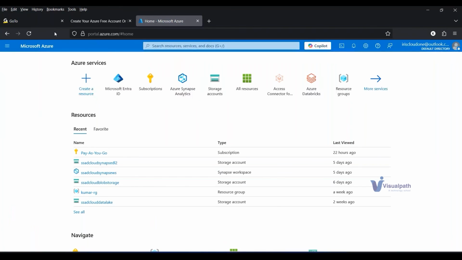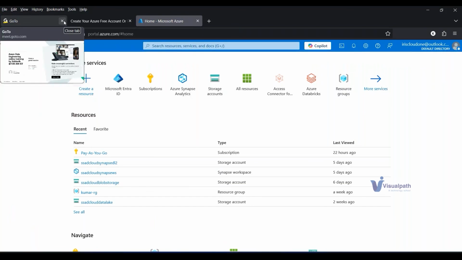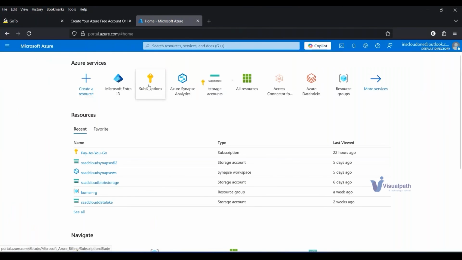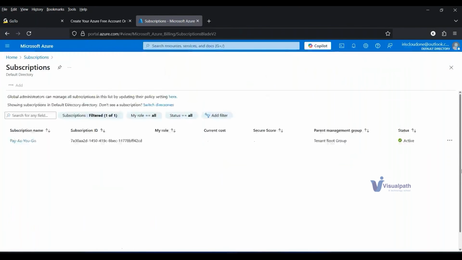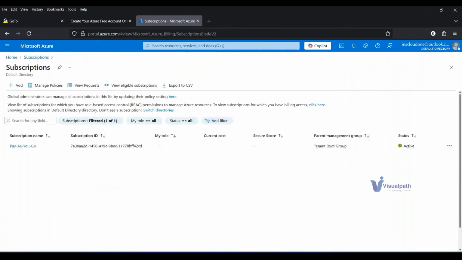That means how will Microsoft get to know what I have used in their subscription or in their account? What you heard is right. You will get to see something called subscription. You have been subscribing with Microsoft Azure to avail their services.